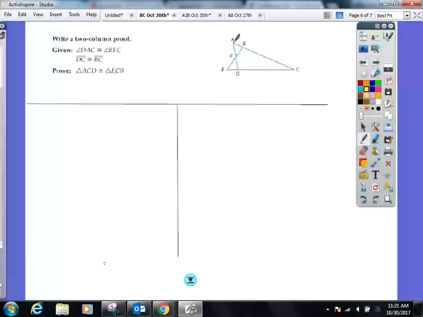So ACD and ECB. All I do with those colored pencils is highlight the 2 triangles, just so I can see where they are.